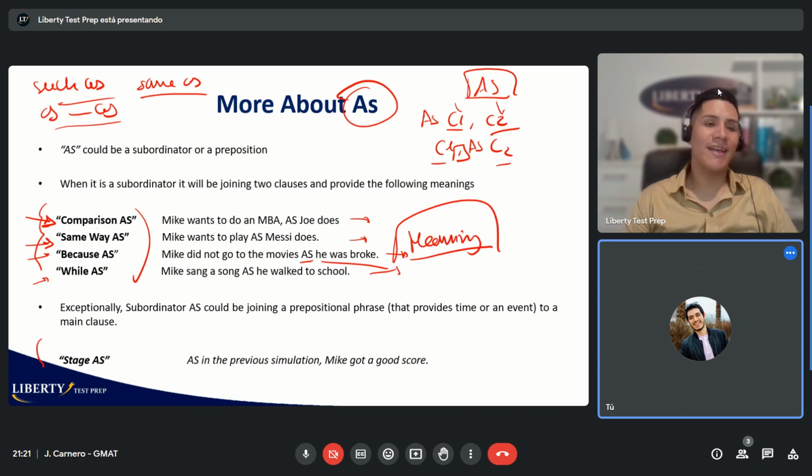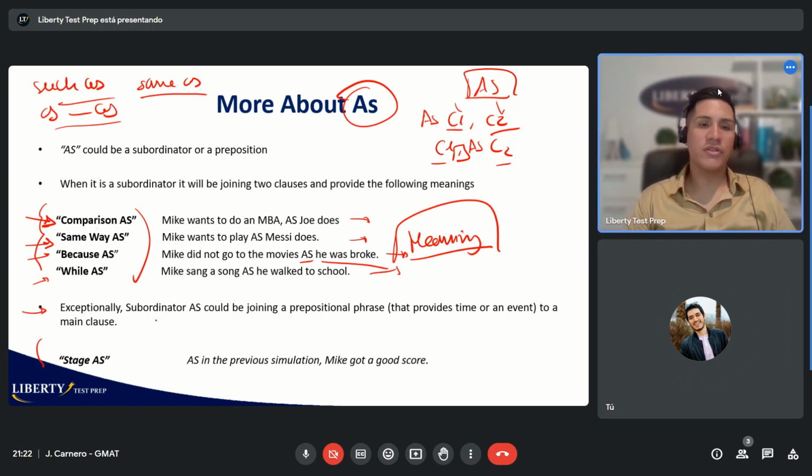Okay. Exceptionally, they say here, the subordinator as could be joining a prepositional phrase to a main clause. So there is an exception. We've mentioned that when we have the subordinator as, we want to have two clauses. But there is one exception in which you have as, a prepositional phrase, and then a clause.